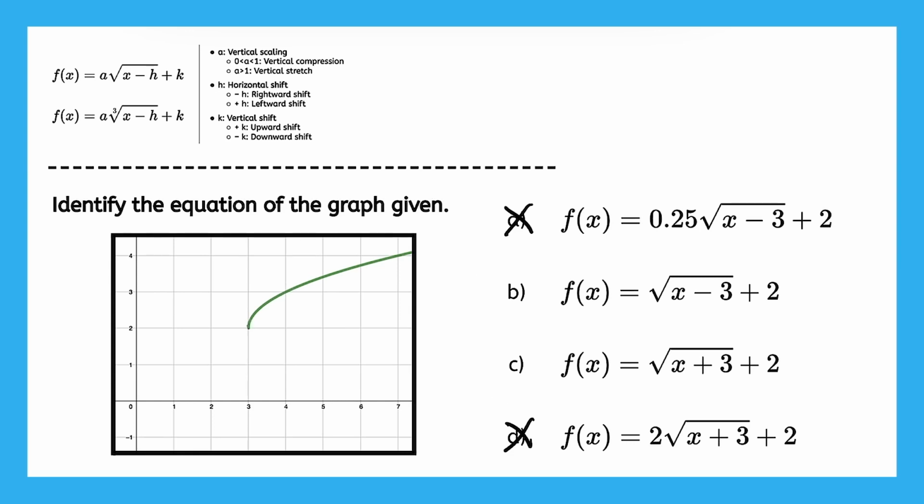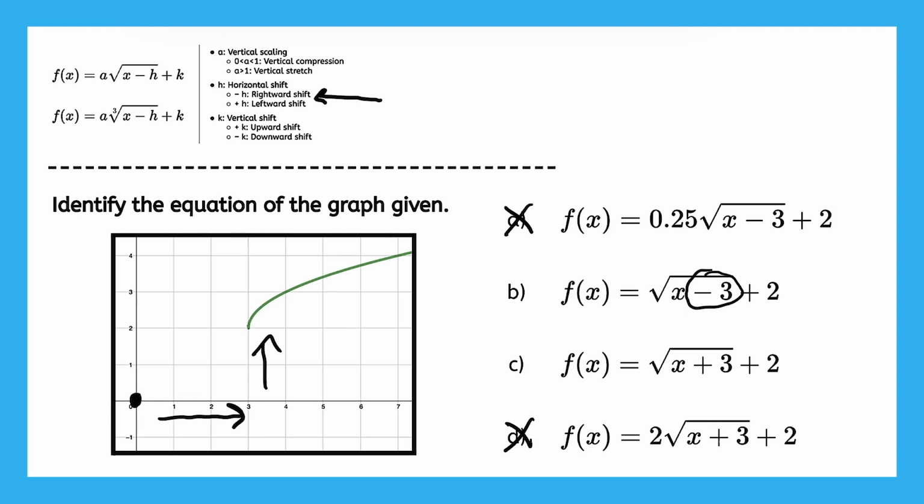Well, we know the starting point of the parent graph is at 0, 0. So this graph was shifted to the right 3 and up 2. So a rightward shift tells me that we need to have a minus h. So it looks like B is going to be the answer because we have minus 3 in place of minus h.